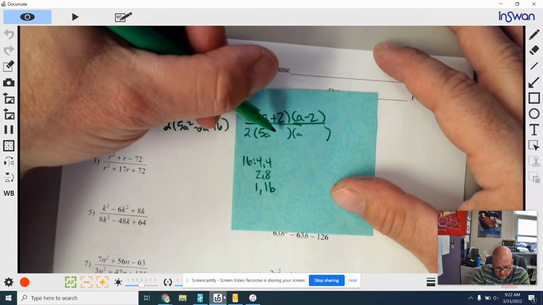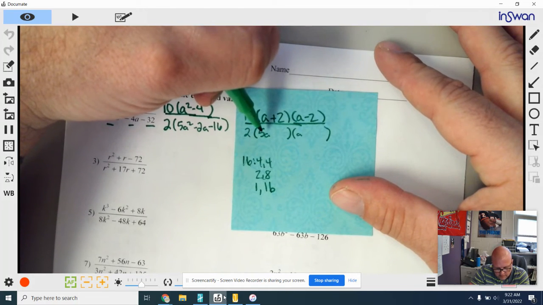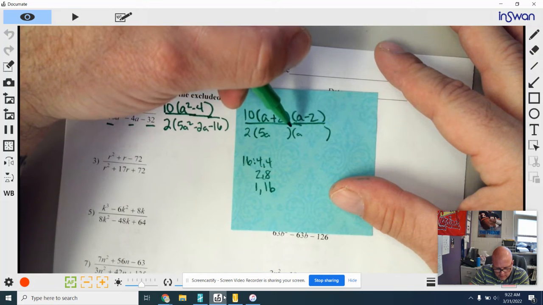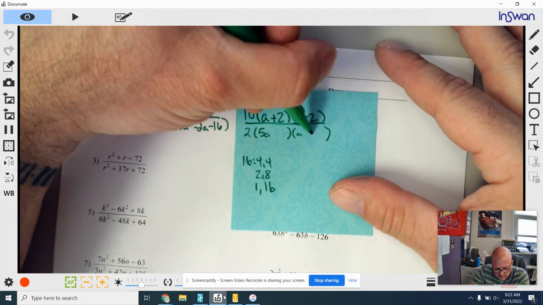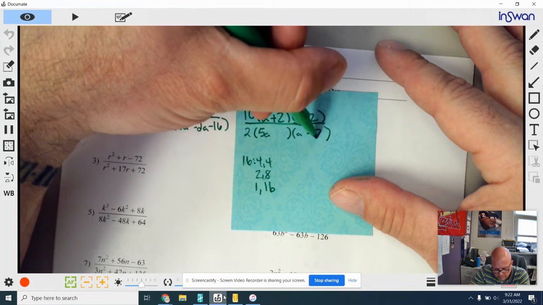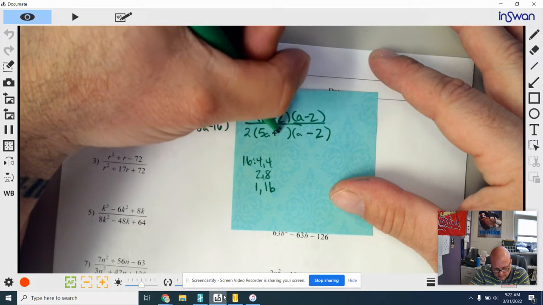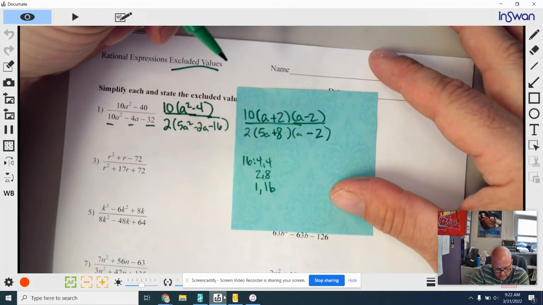So if I take 2 times 5, that's 10, minus the 8. Yeah, that could possibly work. But I think this needs to be a negative 2, and this one here needs to be a positive 8.